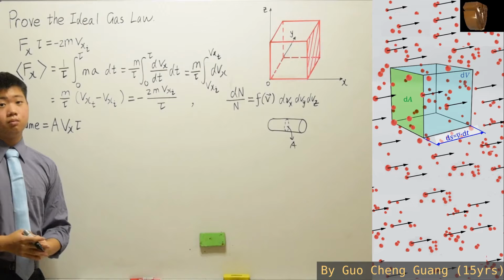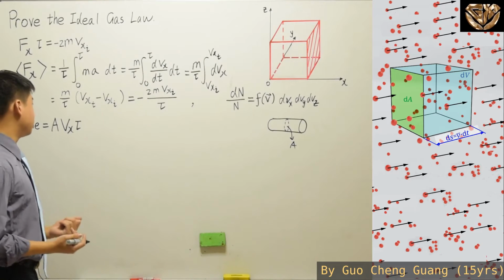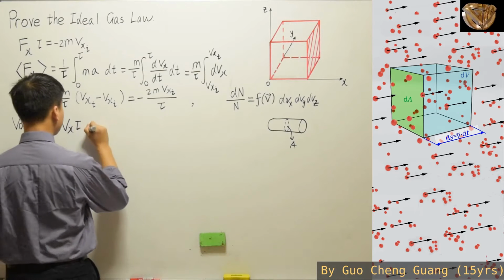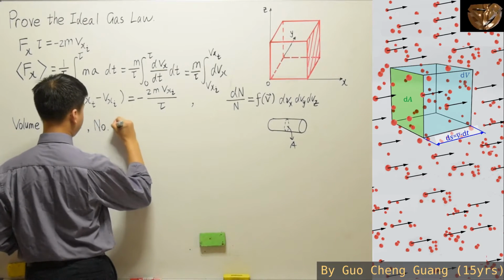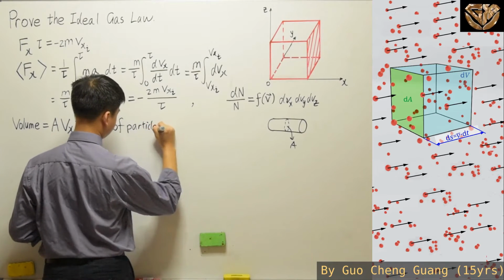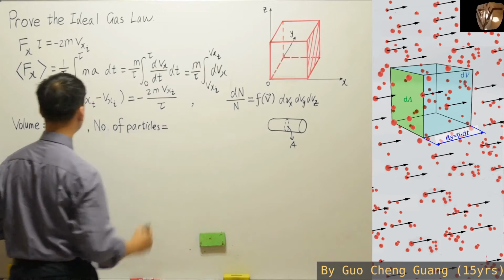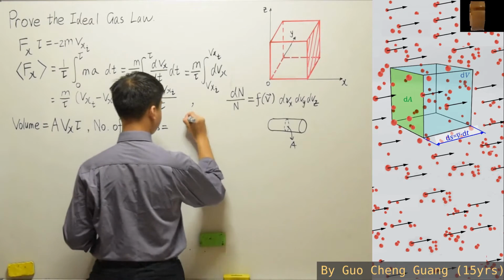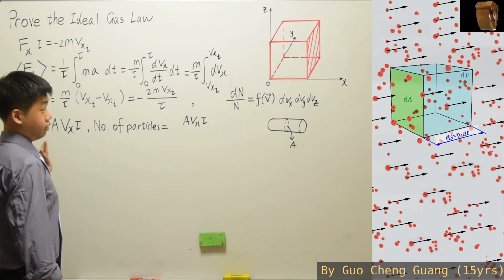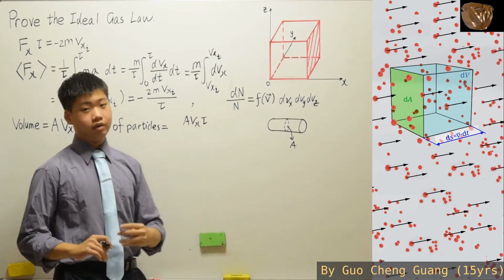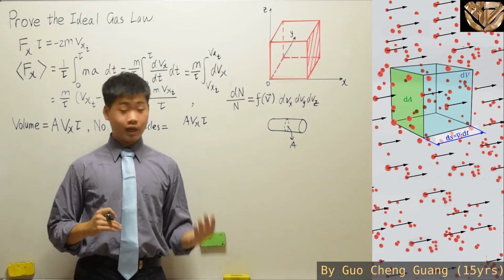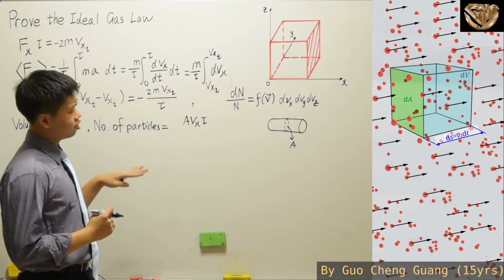What else do we need? Well, you would also want to find your number of particles within the volume, isn't it? So, how do you find the number of particles? So you have a volume, and what else? So you have a capital N, right? Capital N, but that is the total number of particles. But can you somehow use that?